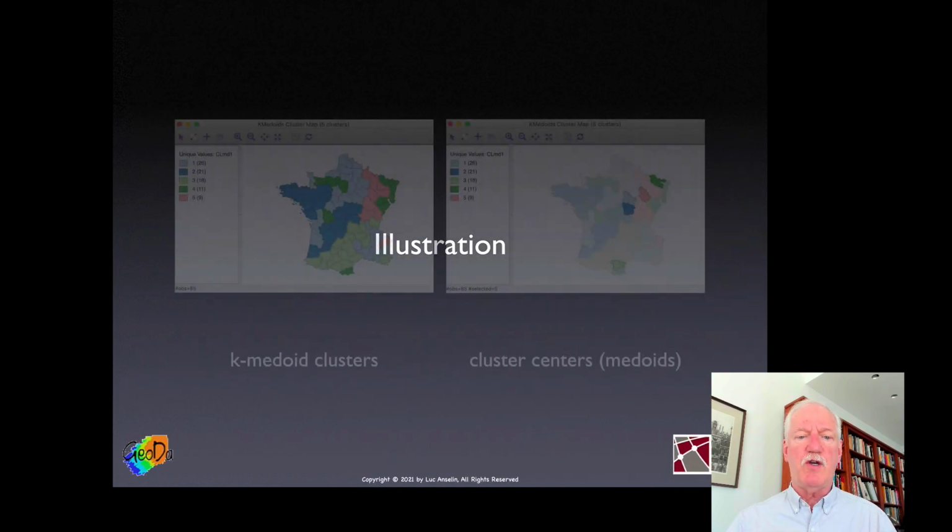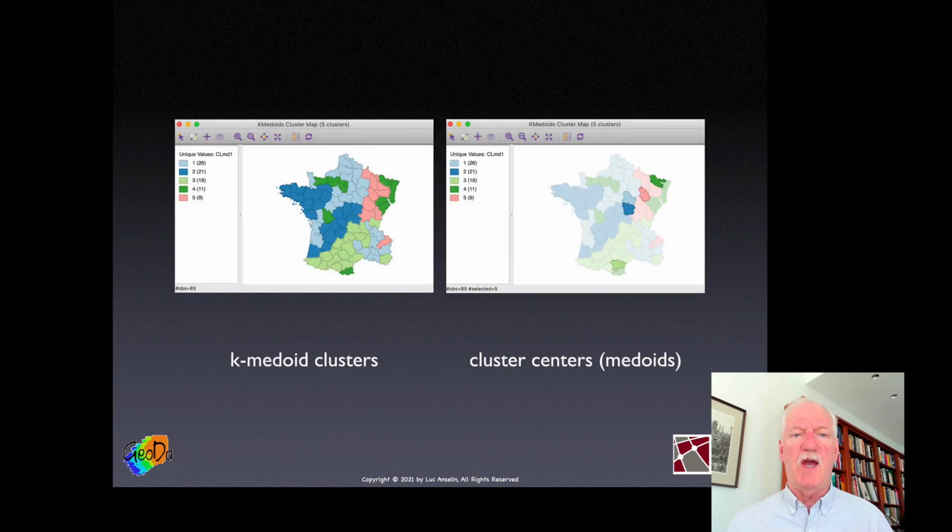So how does this work? Very much the same way as before, but now the centers of the medoids are actual observations. So the center of the clusters, the medoids, are actually observations. So cluster 3, the medoid is here. Cluster 2, it's there. Cluster 5, it's there, and so on.